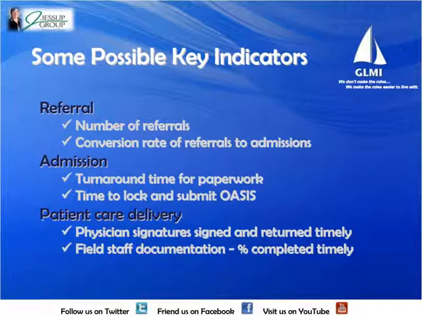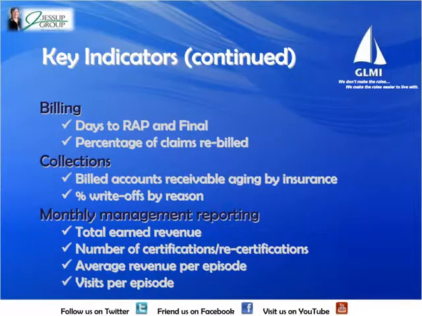Also, percentage of field staff documentation completed timely. Under billing, some of the most common indicators are how many days it takes to wrap a claim, an episode, or how many days it takes to final bill an episode.